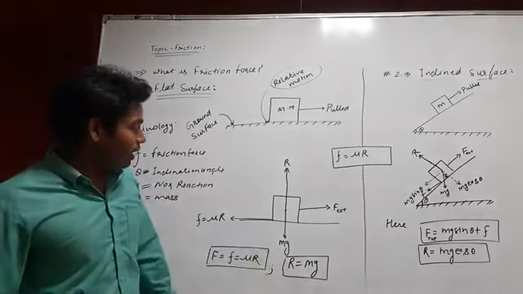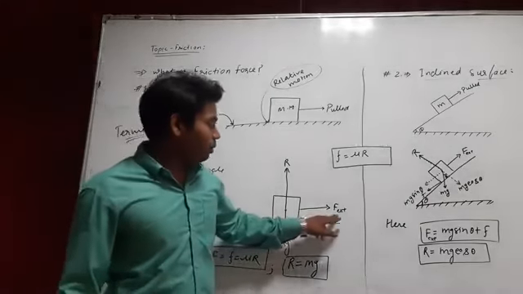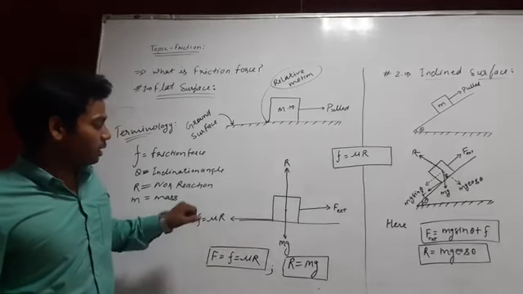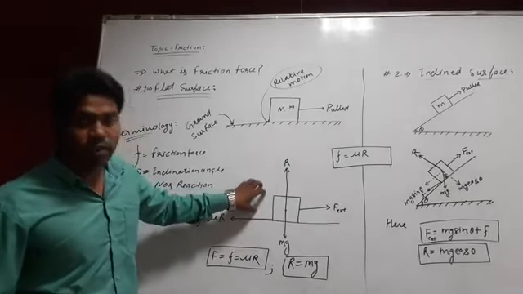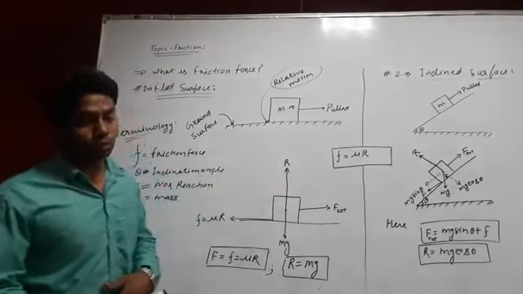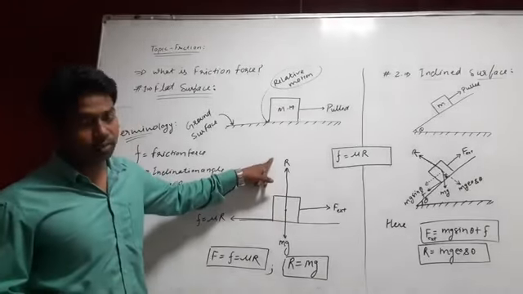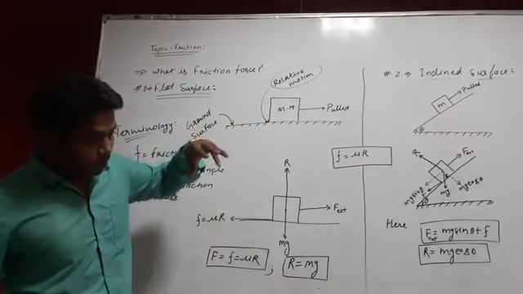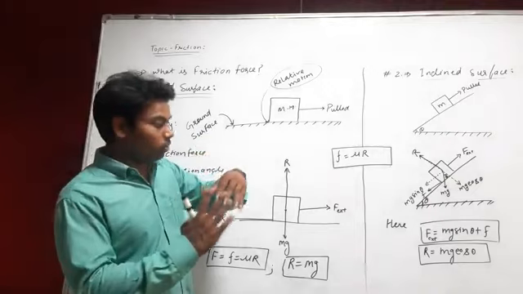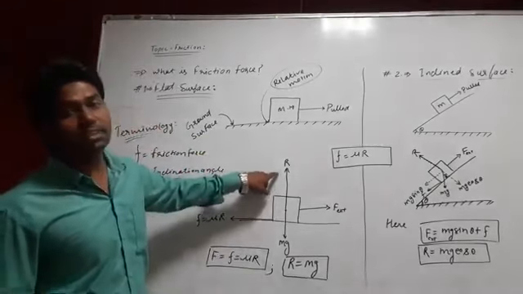F is applied in this direction, so friction force will act in the opposite direction. As the box is kept on the surface, it also has a reaction force in this direction. The box is pushing the surface, so the surface gives a reaction force, that is R.